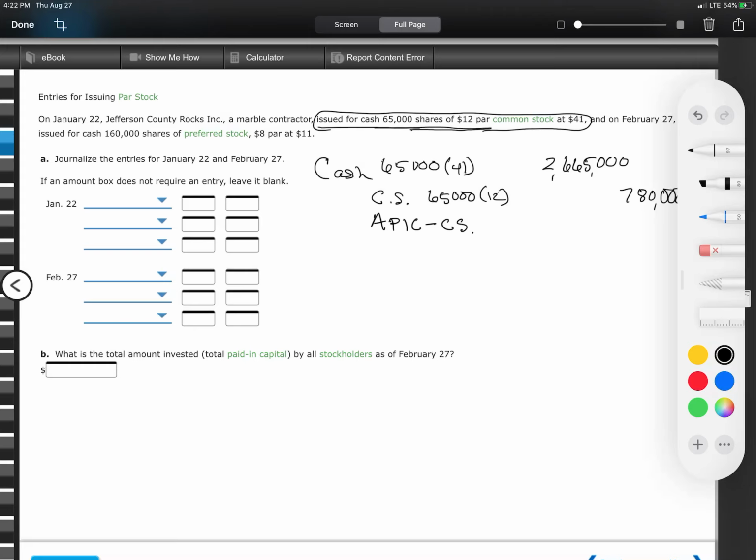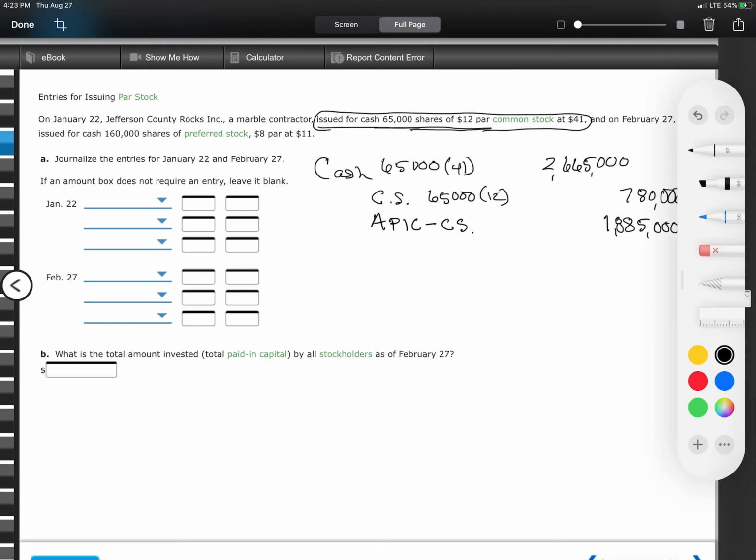I'll explain this APIC account in a second, but first let's finish this journal entry. Debits must equal credits, so I have to add another credit here to make this journal entry balance. That will be 885. Now it balances.